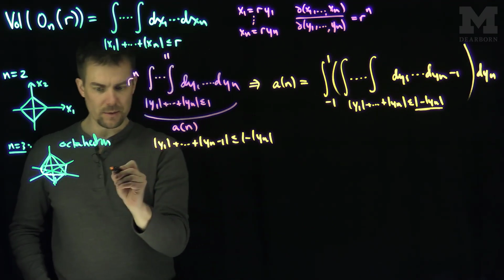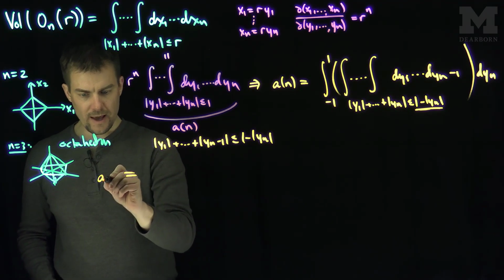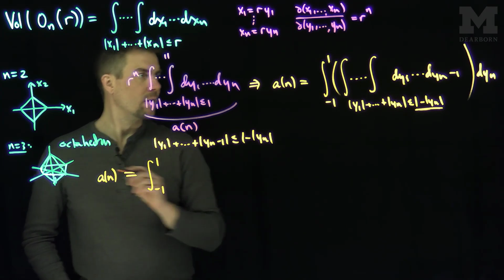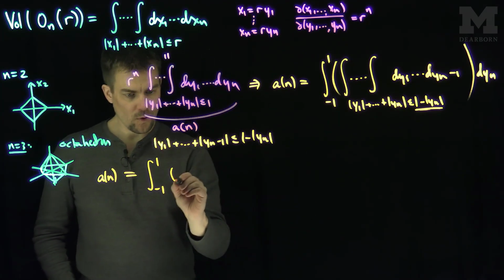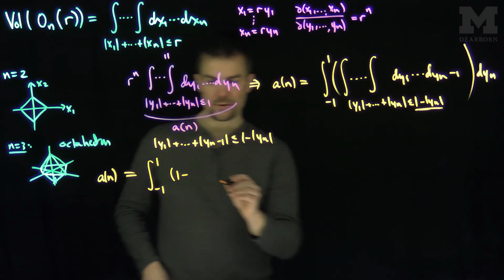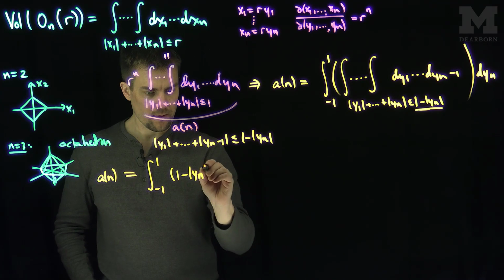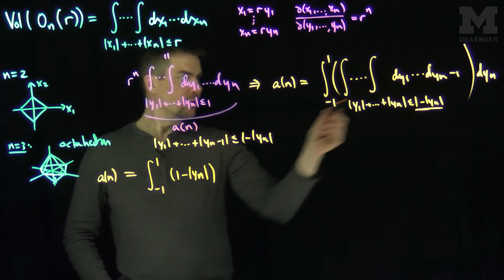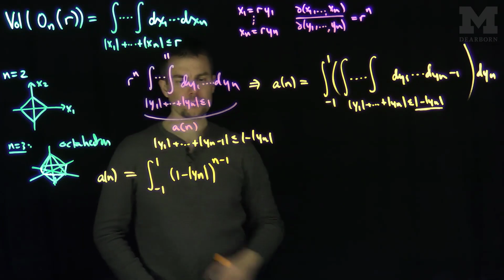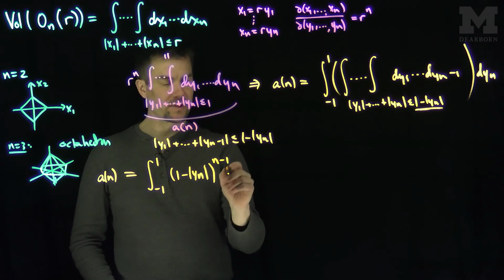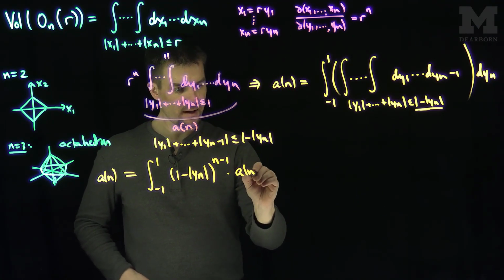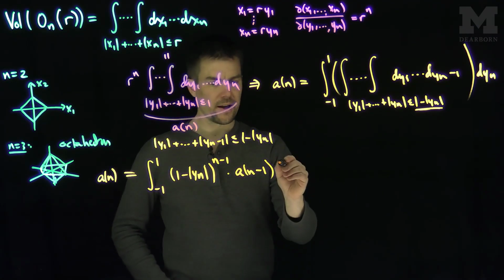So an is going to be equal to the integral from -1 to 1 of 1 minus the absolute value yn to the power of n minus 1, and then what's left over is just a n minus 1, dyn.